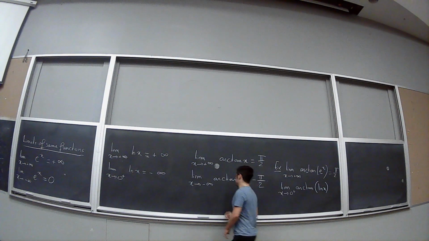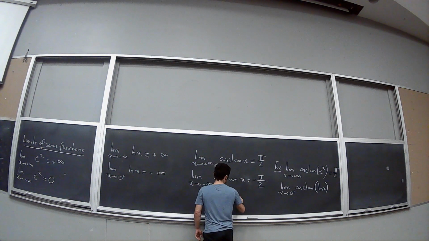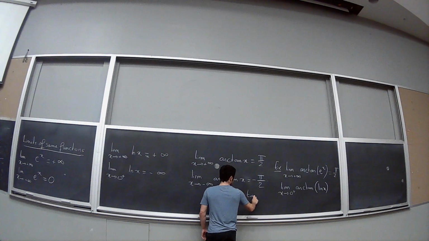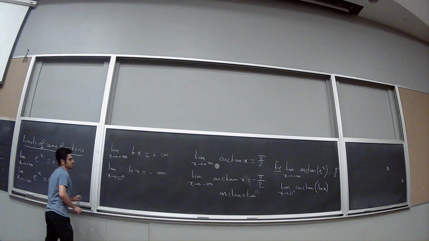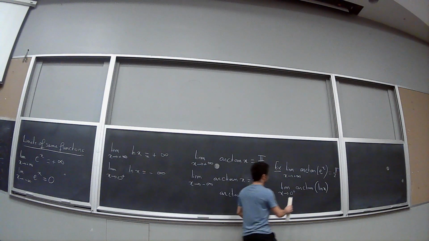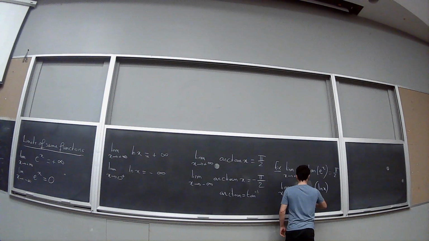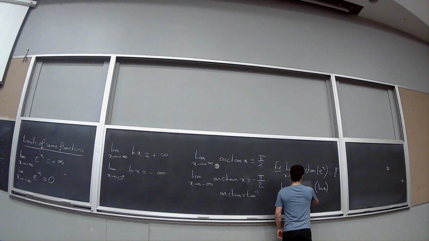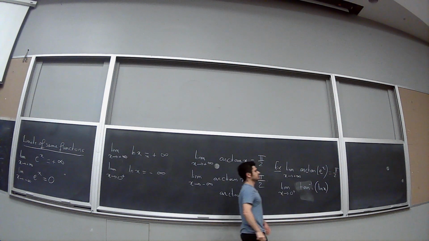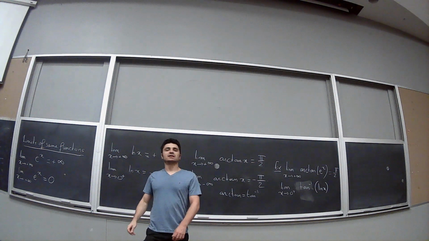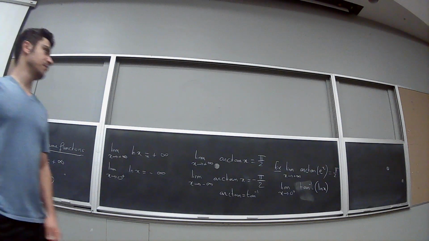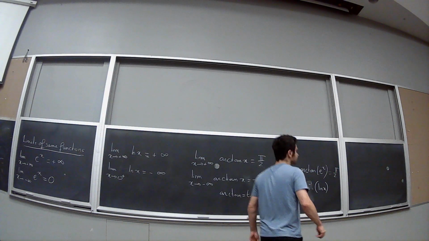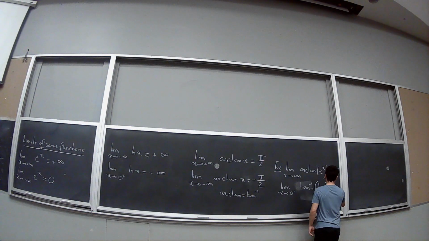Arctan we also write as tan inverse, okay? Let's use the other notation. As x goes to 0 plus, where does ln x go to? Negative infinity. Arctan of negative infinity is minus pi over 2. Okay?